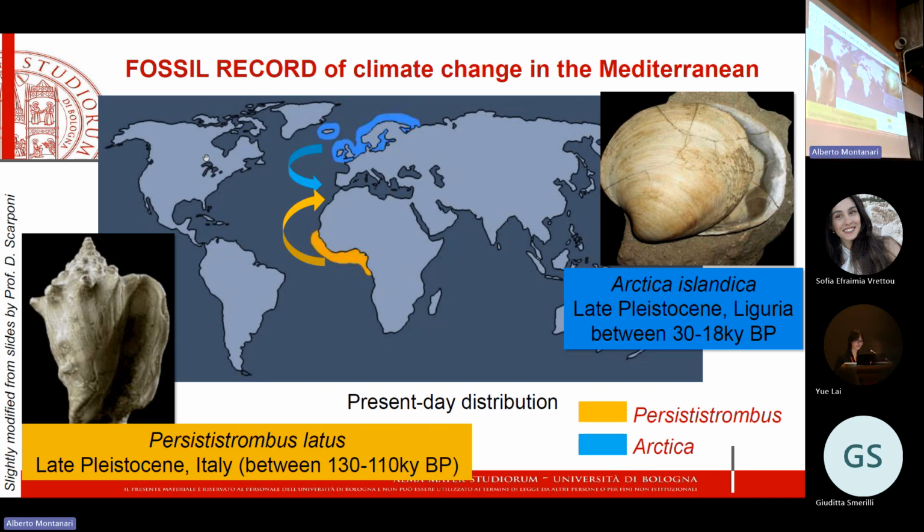The Persistis thrombus, I forgot to mention this, to give a precise date: it has been found on the coasts of Italy between 130 and 110 kiloyears before present. So this is a period where the Mediterranean was warmer. Italy was warmer.